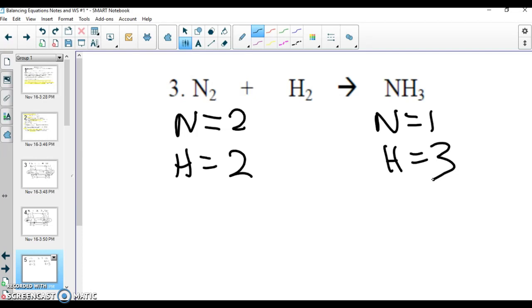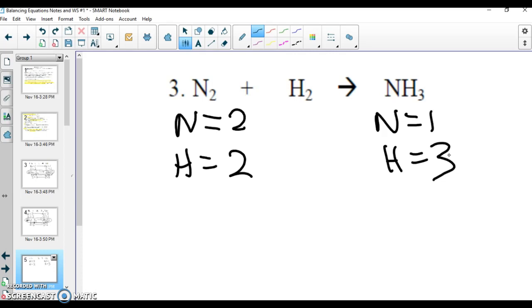So what I'm going to do is try to find numbers that go into the numbers that they have. I don't know the proper math term, but you've got 2 odd numbers on the right and 2 even numbers on the left. So we've got to make sure that we can get those odd numbers to be even.